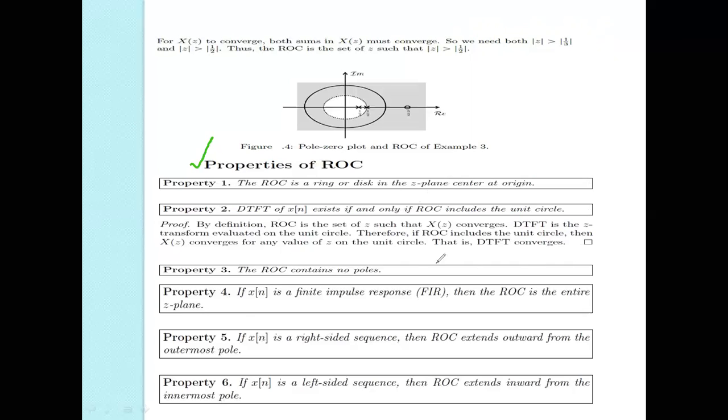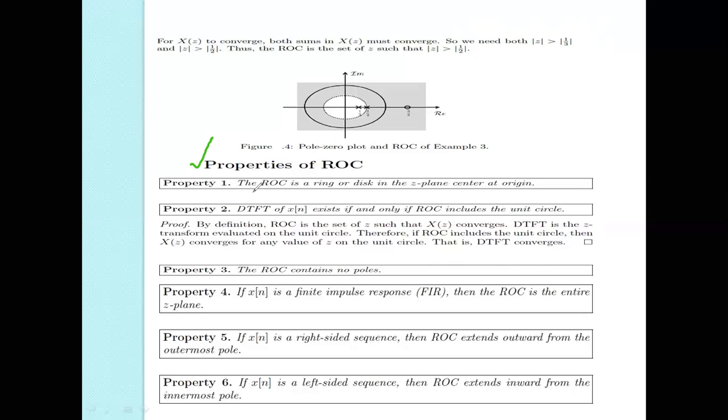Definitely, these are the properties of ROC of the Z transformation and the properties of ROC of the Laplace transformation. This is a direct question. You have to write some points and you'll get 3 or 4 marks. It's very important. No need to prove the ROCs when they are given in part A. If they are given in part B, then you have to prove the ROCs, the region of convergence, also.